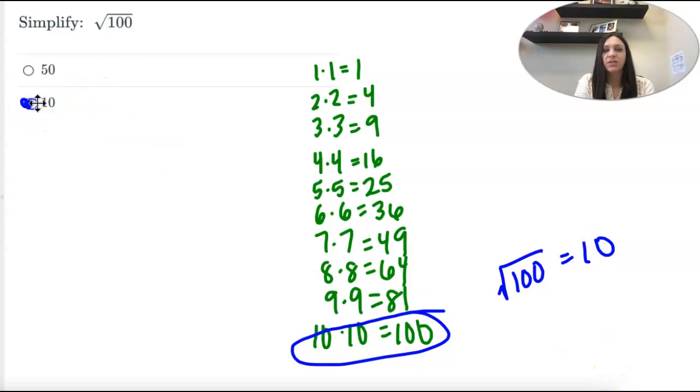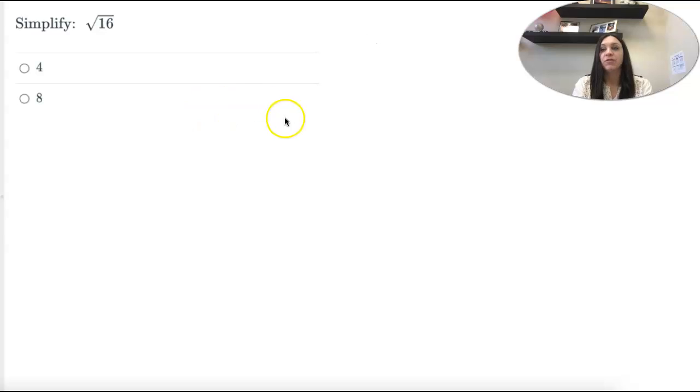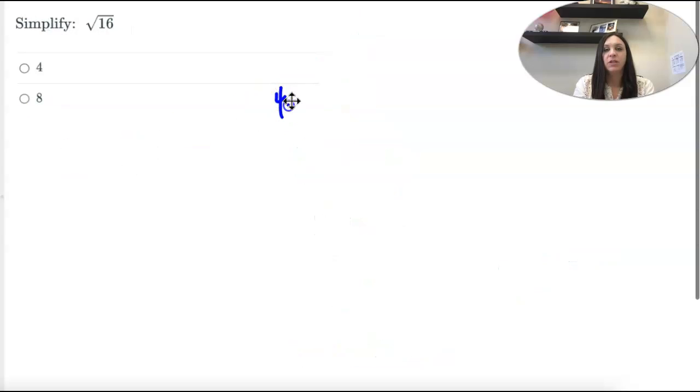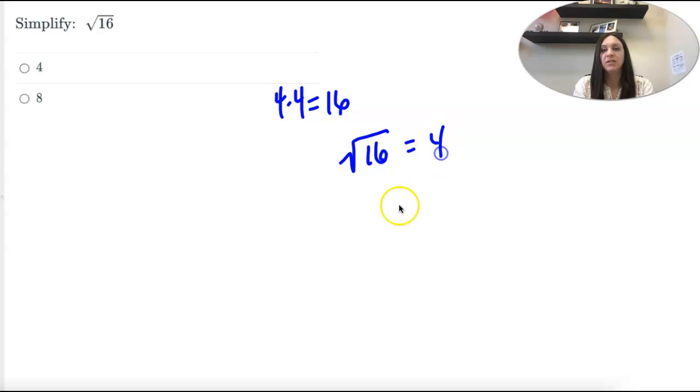Okay, that's a perfect square. Two numbers multiply to 100 that are the same. And really, you should be able to recognize these perfect squares. Perfect square, 16. 4 times 4 is 16, which means the square root of 16 is 4.